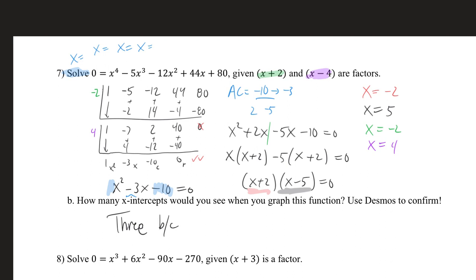So what I expect to see at that negative 2 is that there'd be a bounce. We talked about that during the last section of this unit. So I expect to see a bounce like that, and then the other 2 would be crossing. So that'd be why that's doing that.